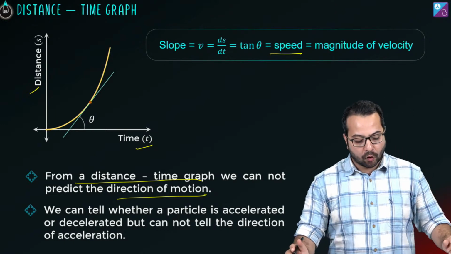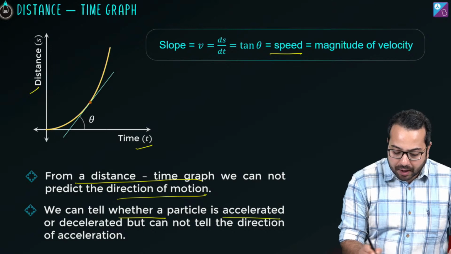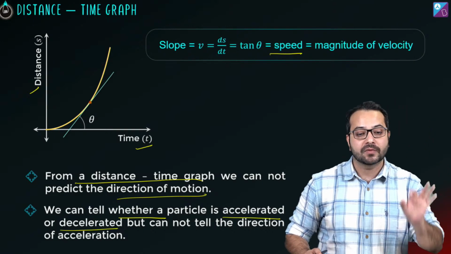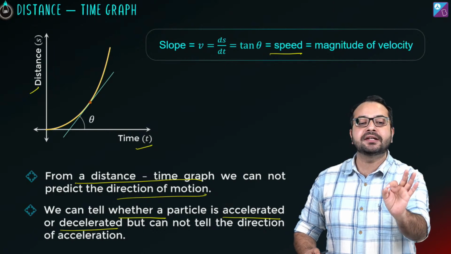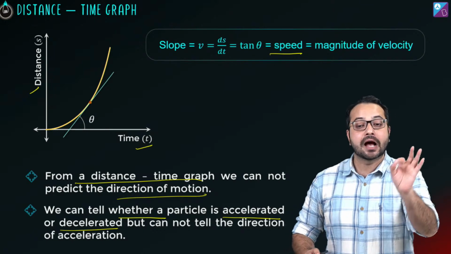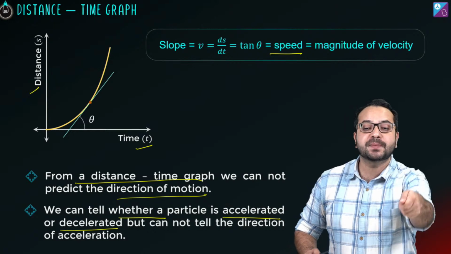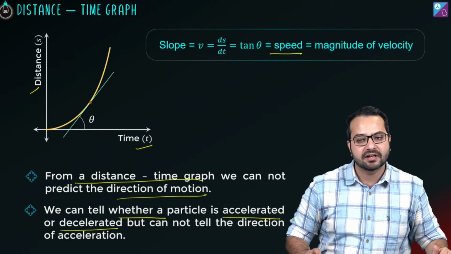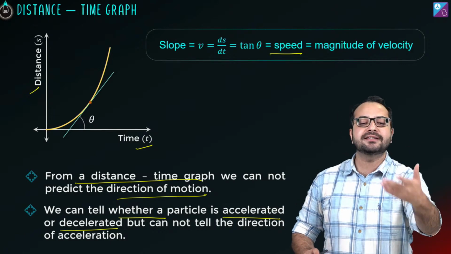Also, we can tell whether a particle is accelerated or decelerated. ध्यान से सुनना statement को. How? Because we know how the speed is changing. If the speed is increasing, the particle is accelerated. If the speed is decreasing, the particle is decelerated.